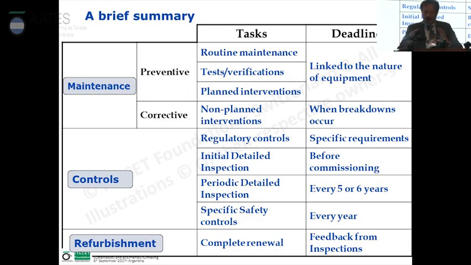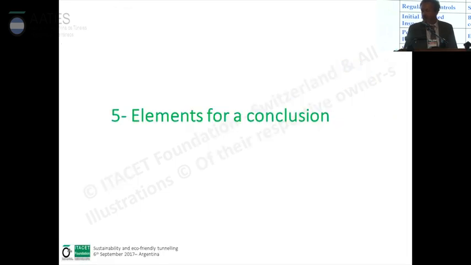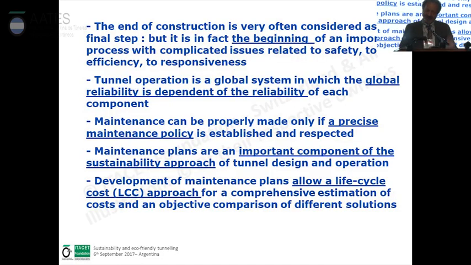So it gives a global view of what has to be done considering the equipment aspect. Okay, so it's not so easy to deal with this question because the training is more civil engineering oriented, but equipment is also a part of the sustainable approach.